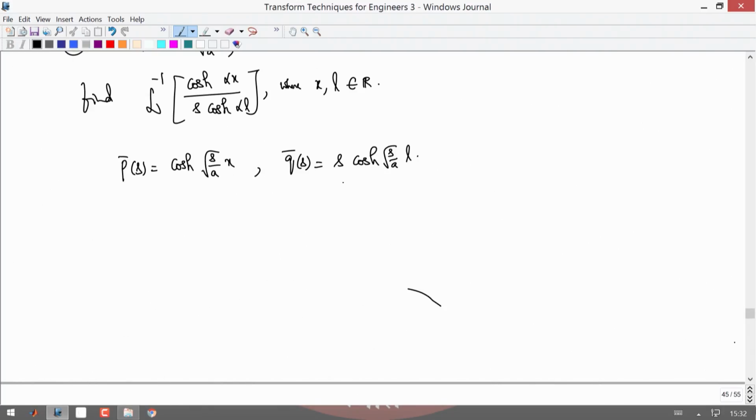And you see that q bar of s has all these roots. Zero is one root.